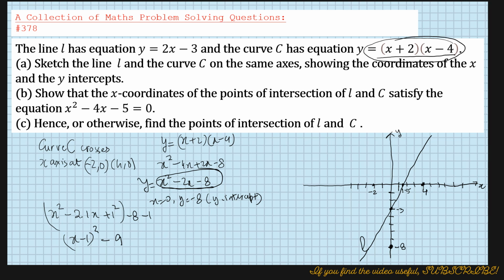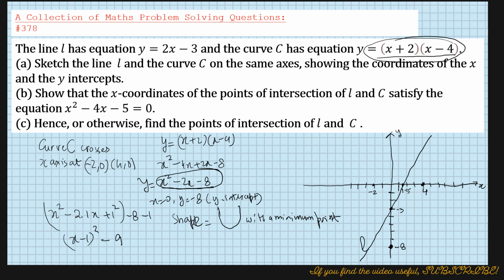Now before the turning point, I have to determine the shape of the curve. It is U-shaped with a minimum point, because the coefficient of x squared is positive.